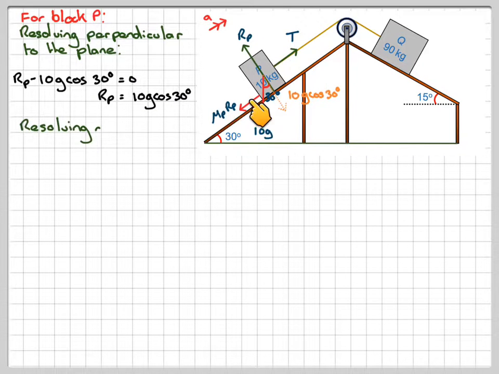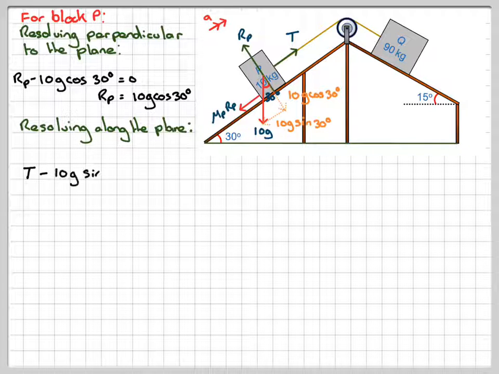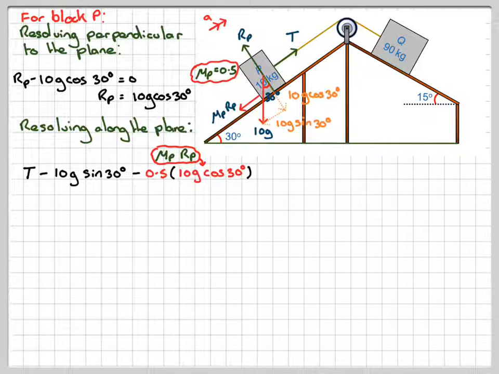Now if we resolve along the plane, going this way we have T, minus this bit here, which is going to be 10g sin 30, it's opposite the angle, minus mu R, so mu_P is 0.5, so 0.5 times R, which is 10g cos 30, and that's equal to the mass times the acceleration using Newton's second law, 10 times the acceleration. We'll call that equation 1.